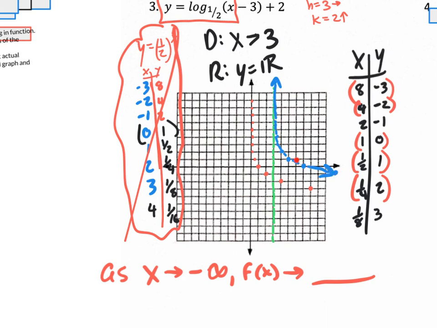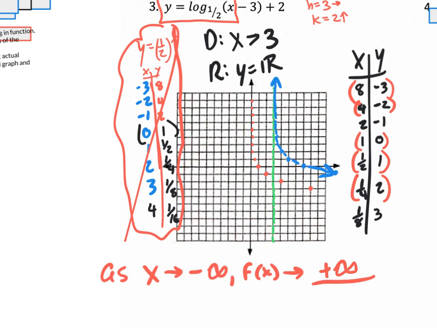Where are your y values going? Up forever. What's your y value here? It's -1. What's your y value here? It's 0. What's your y value here? It's 1, 2, 3, 4, 5, 6, 7, 8, 9. Your y values are going up forever. So your f of x values are approaching positive infinity.